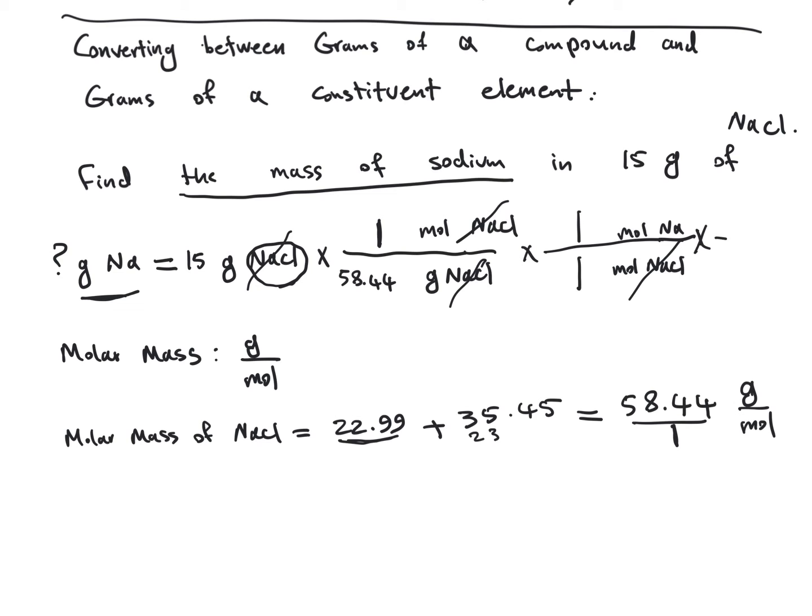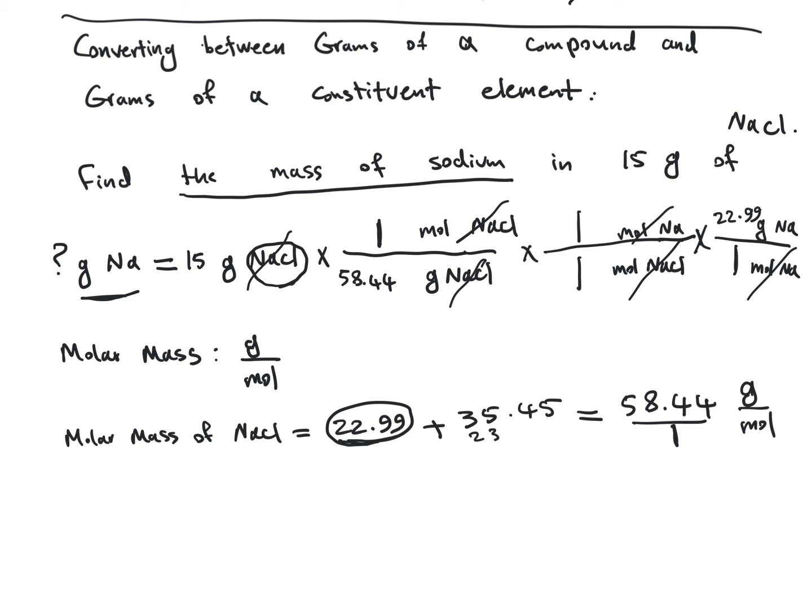But still, we don't have the gram. We want the gram of sodium, so we need 1 more conversion factor. Basically, you go to your periodic table, and you see that Na has the molar mass of 22.99.